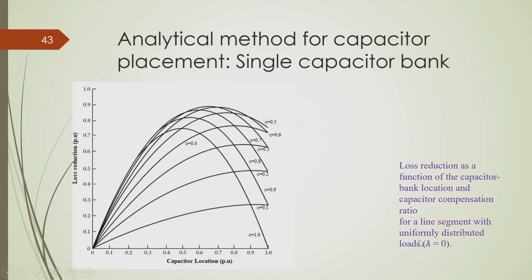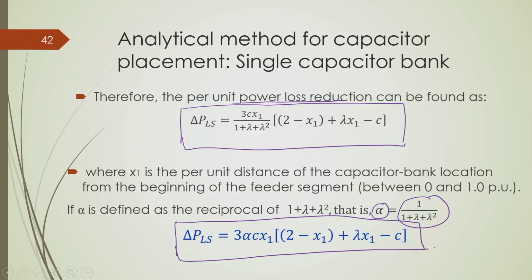Okay. Now, what will we be doing? We will plot these characteristics by varying this lambda and c. Here, as you can see, this is a function of lambda, c as well as x1. So, we will vary this lambda and c and plot these characteristics.